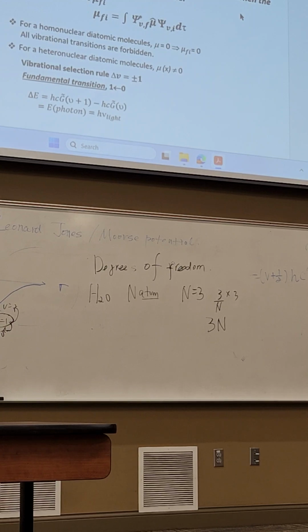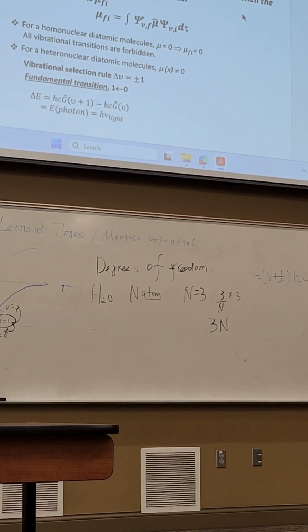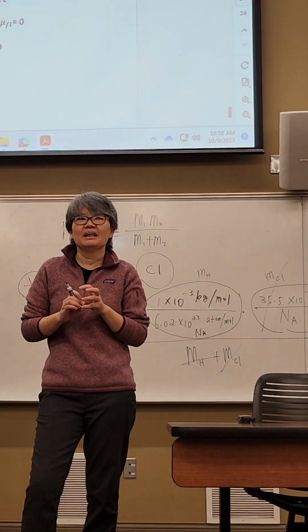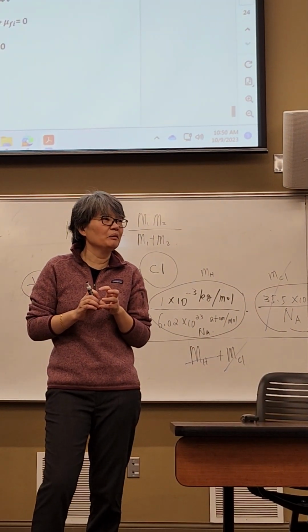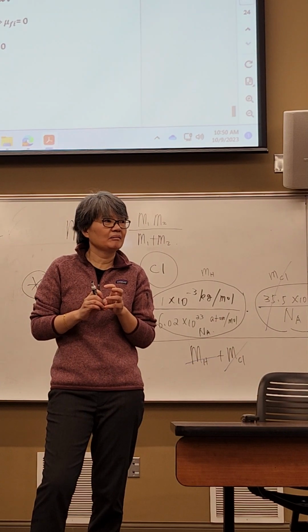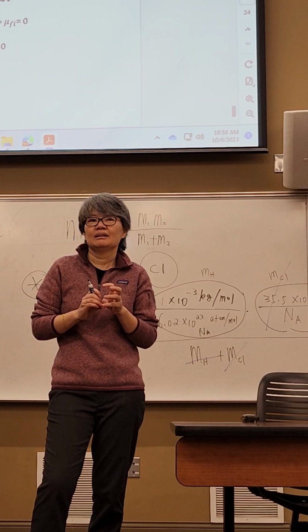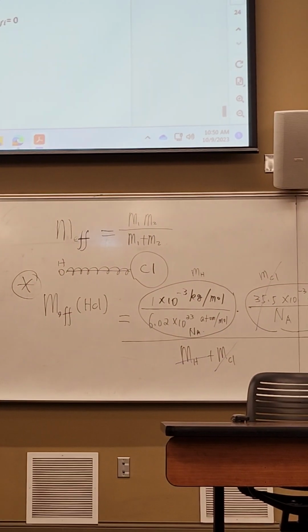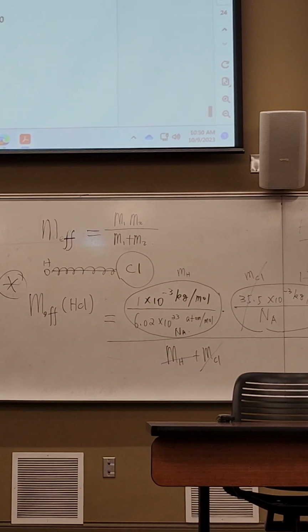Let me think about this. I'm not an organic chemist, but that's no excuse for not knowing: one carbon, four hydrogens, it's 5 atoms. 5 times 3, 15. Okay, that's the total 3N.